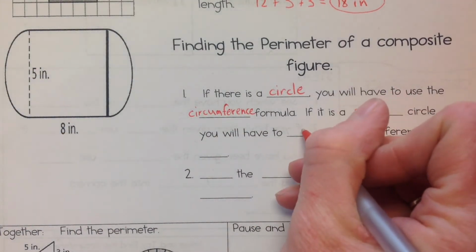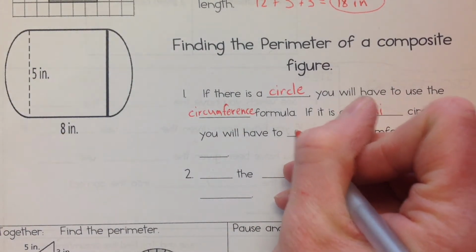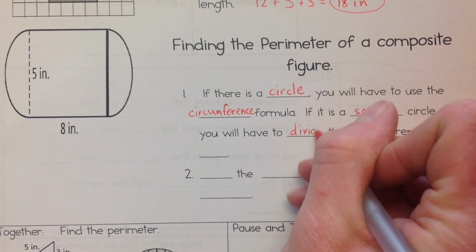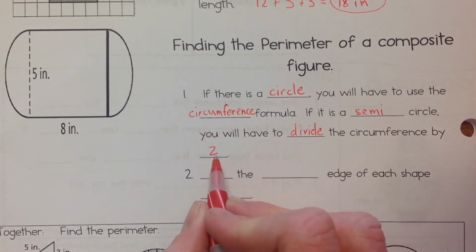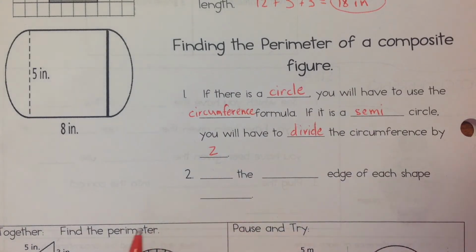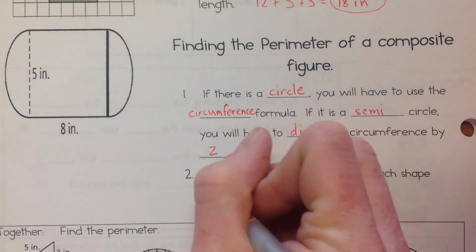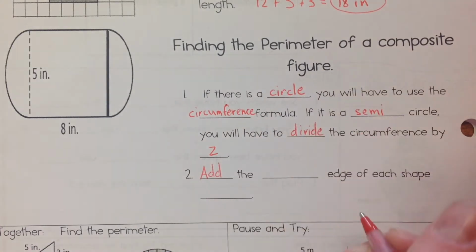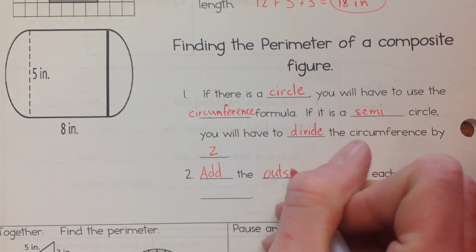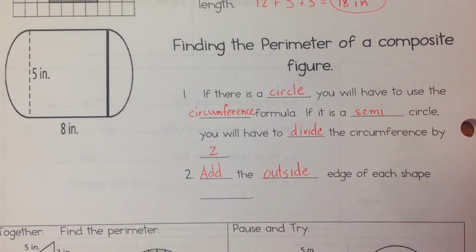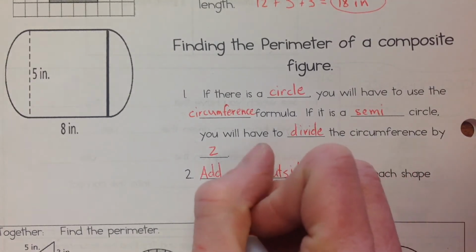You will have to divide the circumference by 2. So once you find the circumference, then just cut it in half or divide it by 2. And then our last step, we add the outside edge of each shape together.